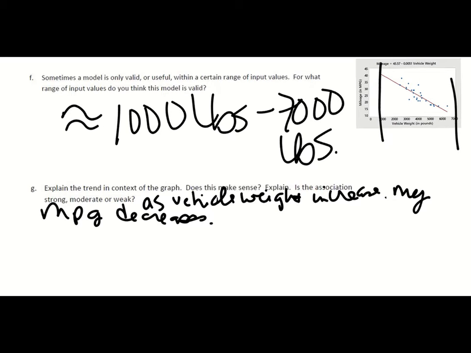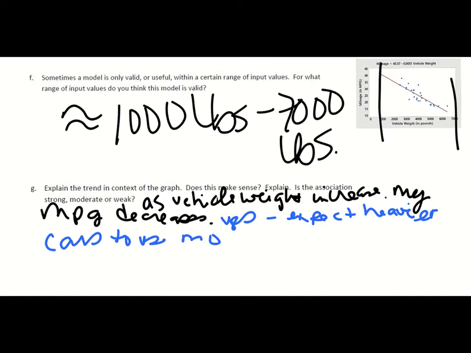And then it says, does this make sense? Yes, you would expect heavier cars to use more gas, so the miles per gallon is going to be lower.